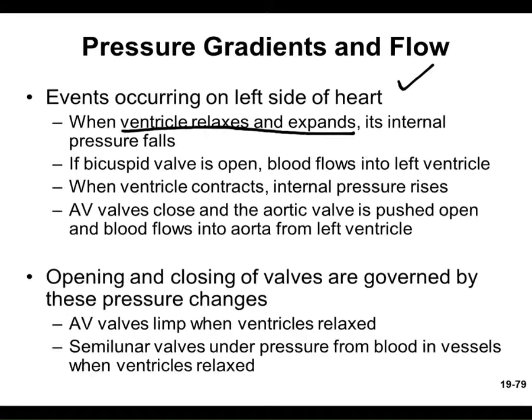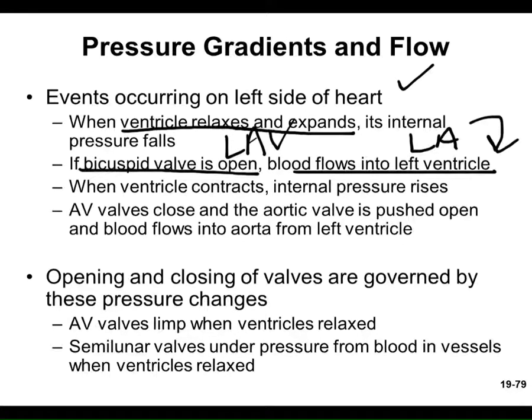Get larger, and the pressure would fall. Now, if the bicuspid valve is open, which one's the bicuspid? That's also called the left AV valve, right? If the left AV or the bicuspid valve is open, then blood is going to flow from where? From the left atrium down into the left ventricle. No problem.